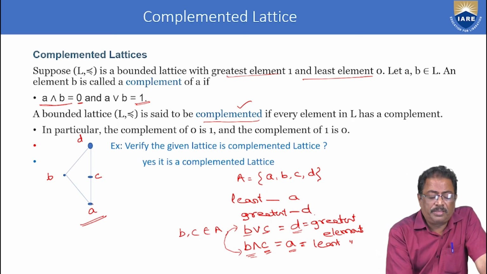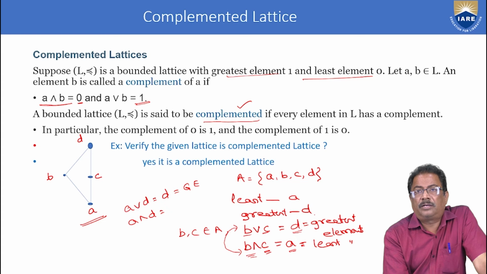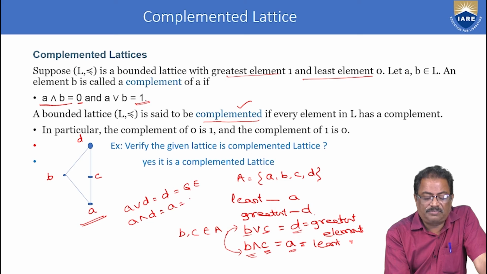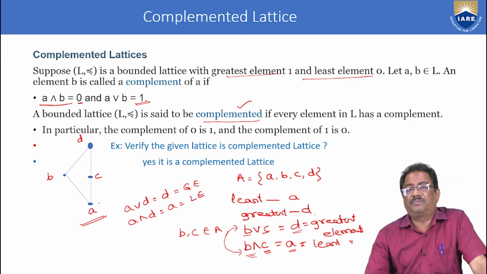Suppose I am taking A and D. The least upper bound of A and D is D, which is the greatest element, and the greatest lower bound of A and D is A, which is the least element. So I can say that A and D are complements of each other.